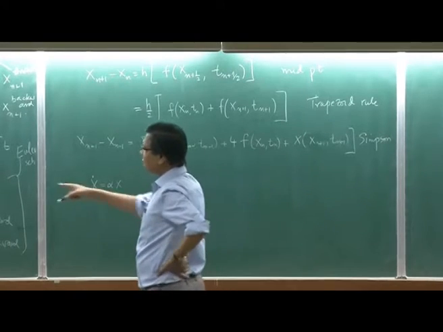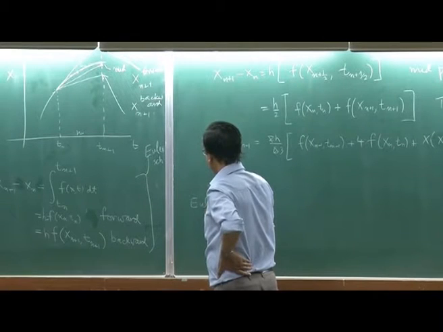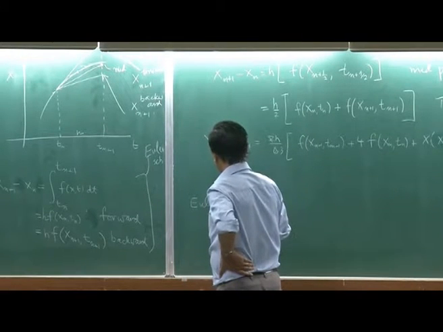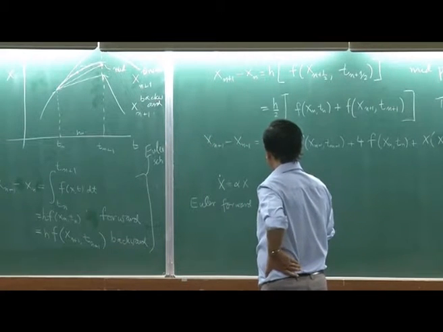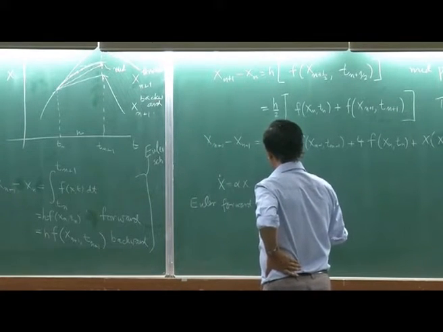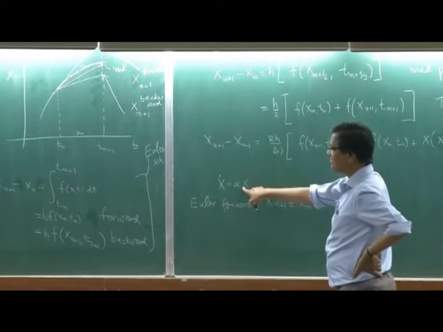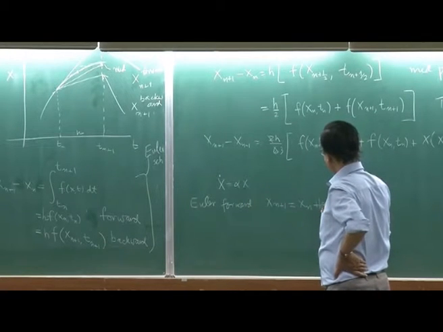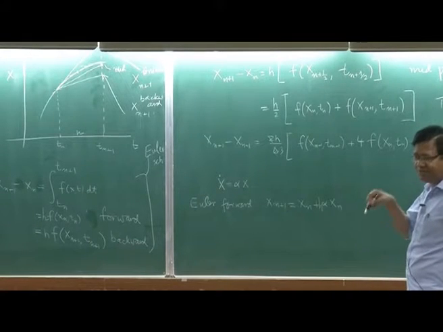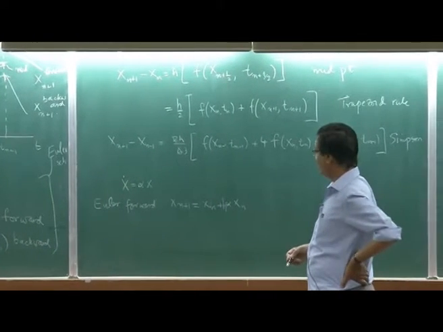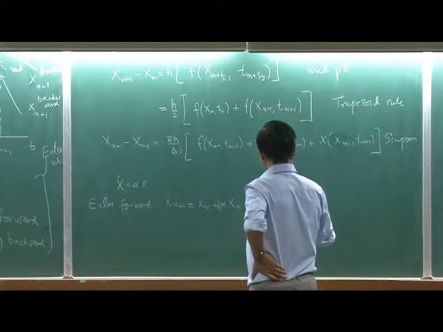So according to the forward scheme, Euler forward, I will get x_{n+1} equal to x_n plus h times alpha x_n, h times f computed at the point x_n. So this is exactly solvable, alpha h.